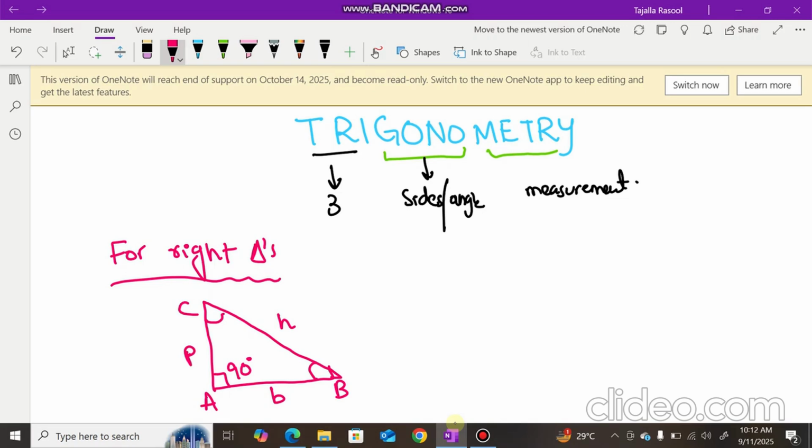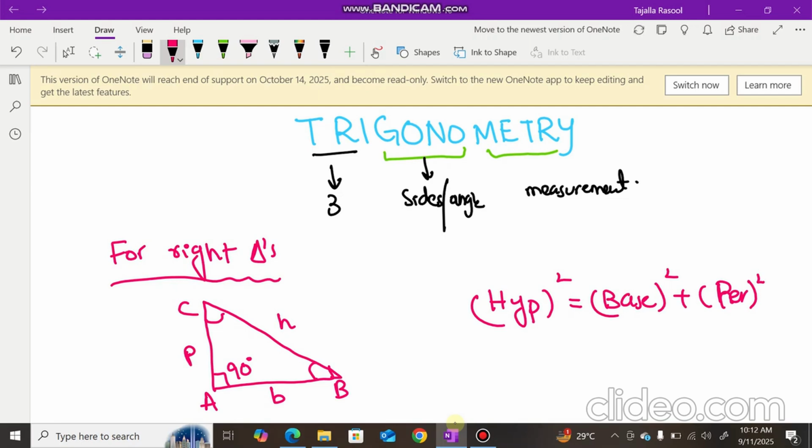The way is the Pythagoras theorem, which states that hypotenuse square equals base square plus height square, or perpendicular square. So if one of them is unknown, we can put in the other two sides and get the third one. This is one way to get the value of an unknown side of a right angle triangle.